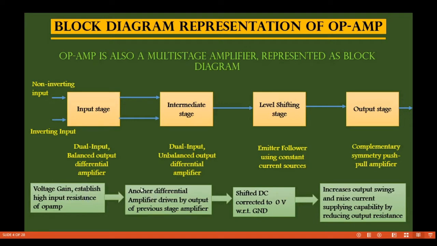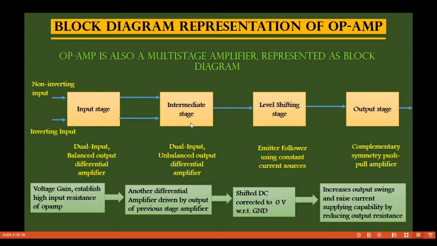The second stage is another differential amplifier driven by the output of the previous stage. This stage also contributes to the voltage gain, but due to its unbalanced output, the DC level of the output signal gets shifted.